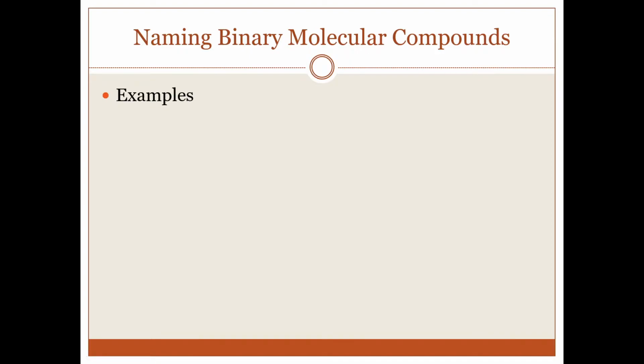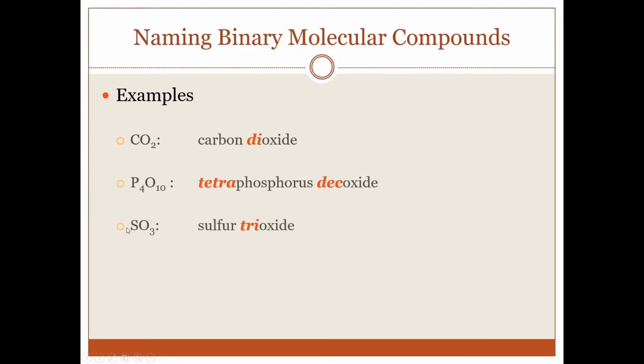Here are some examples. We have carbon dioxide, CO2. Carbon, we use the full first element. Di, meaning two. Oxy for oxygen, and then ide for the suffix. Here we have P4O10, so tetra meaning 4, then we use the whole first element, phosphorus, deca meaning 10, ox for oxygen, and then ide for the suffix.